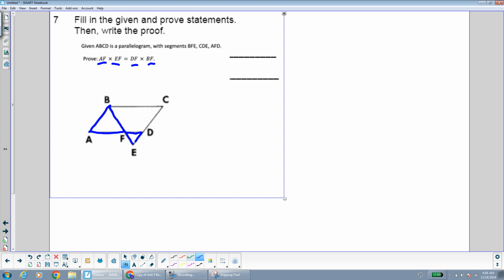I know I'm looking for AA, and I already see the vertical angles. I also see alternate interior angles because I do see a letter Z. Now, in order for alternate interior angles to be congruent like we want them to be, we need parallel lines.